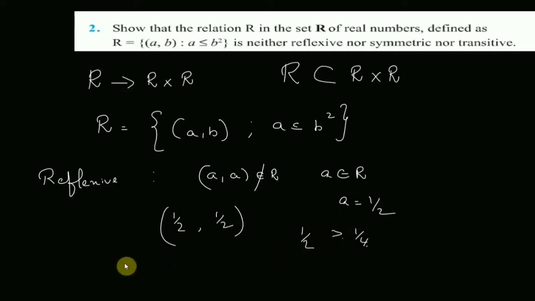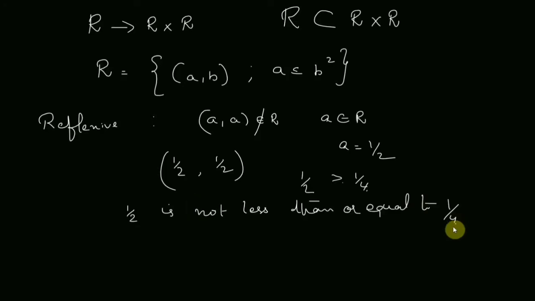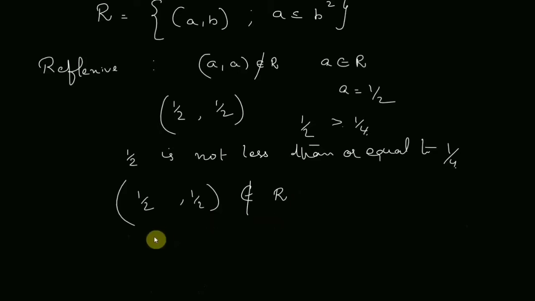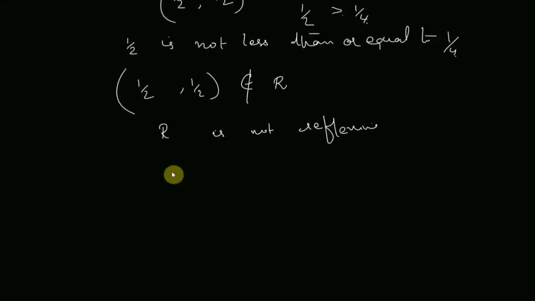So 1/2 is not less than or equal to 1/4. So (1/2, 1/2) does not belong to R. So it is not reflexive. If it is not reflexive, take one counter example. Take one example and prove it.